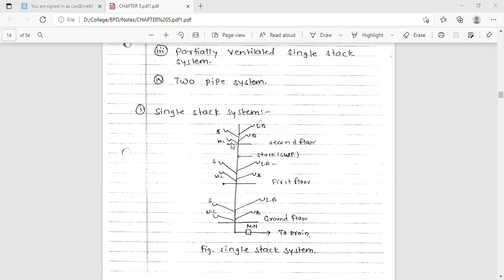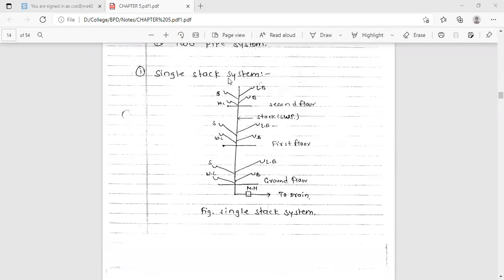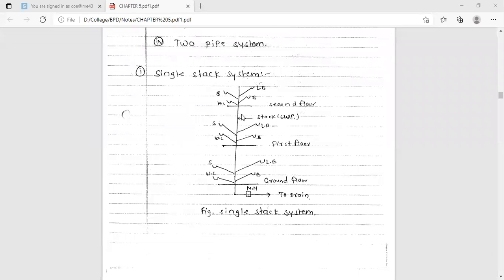Here in a single stack system, you can see this is the vertical pipe. That vertical pipe we are going to lay on the vertical wall, by providing fixtures and fastenings. To that pipe we are going to collect the outlets from various units such as the lavatory basin, water closet, and sink.